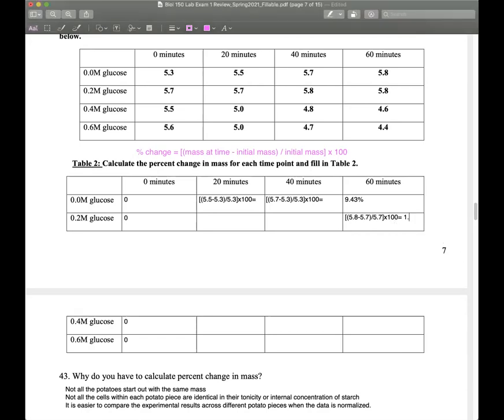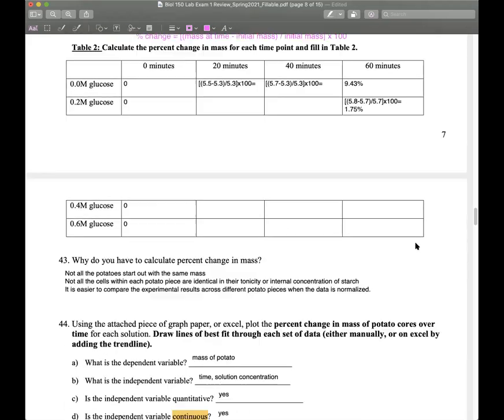I got 1.75. I did too. Excellent. So 1.75% change.